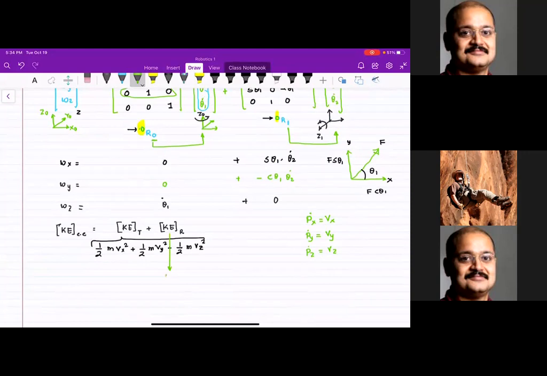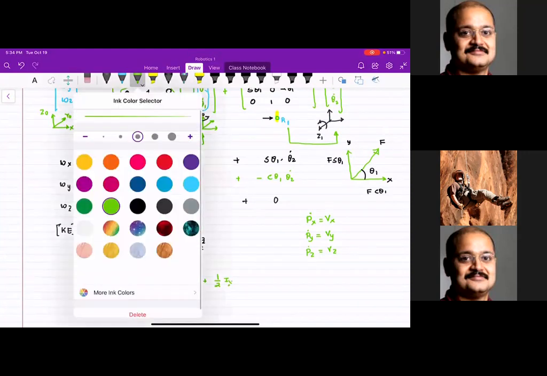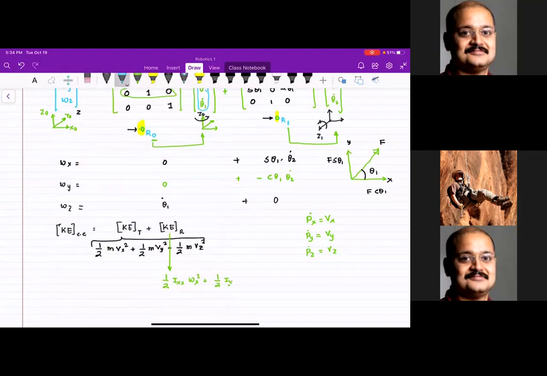So you're going to have 1/2 Ixx omega x square plus 1/2 Iyy omega y square plus 1/2 Izz omega z square. Everyone understood this?